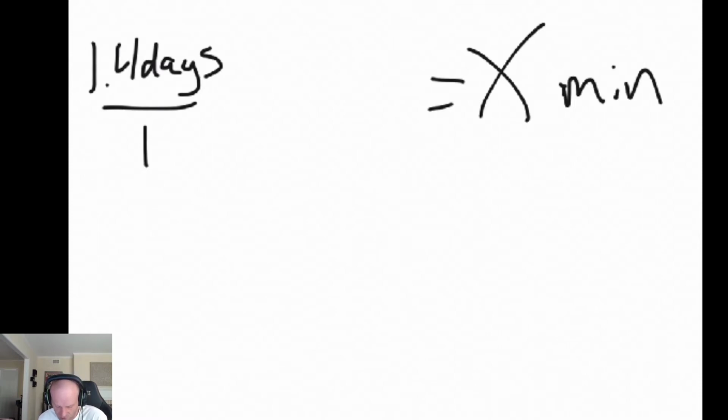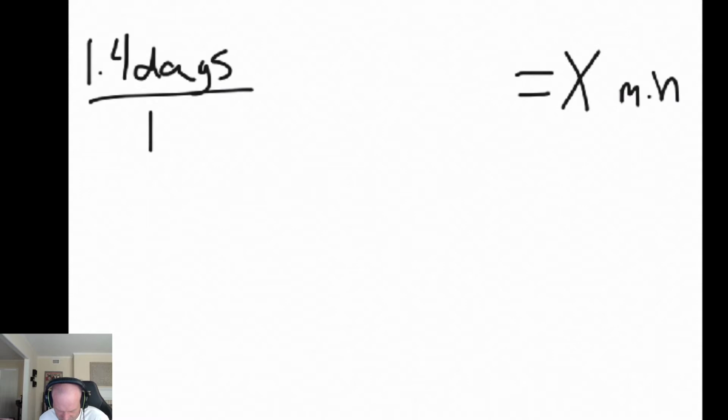So 1.4 days. This is written kind of sloppily, let me try to do it better. My writing is never going to get better, but I might get better at organization. All right, X minutes are in 1.4 days.